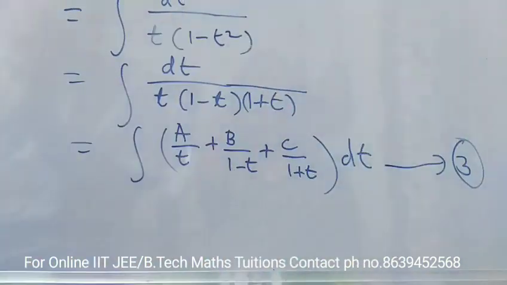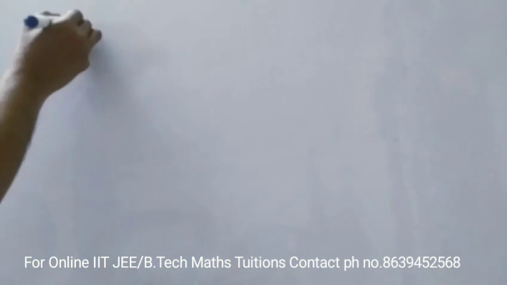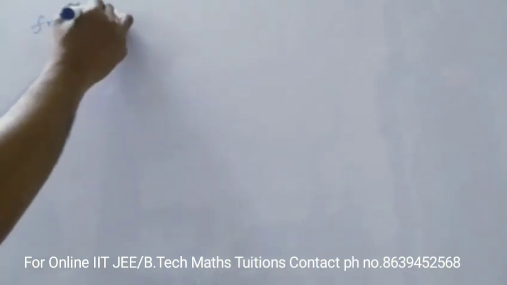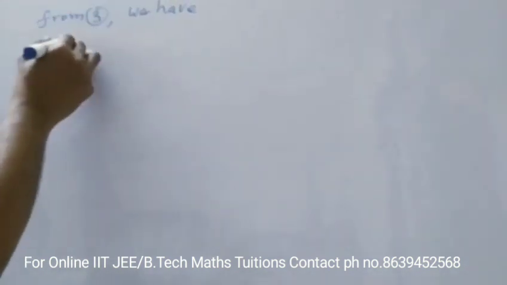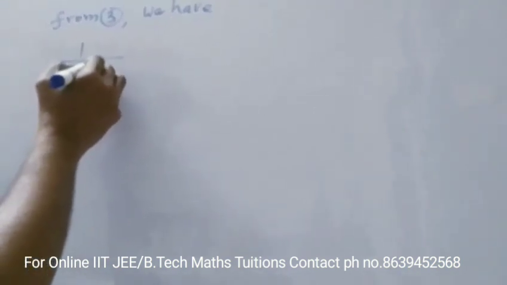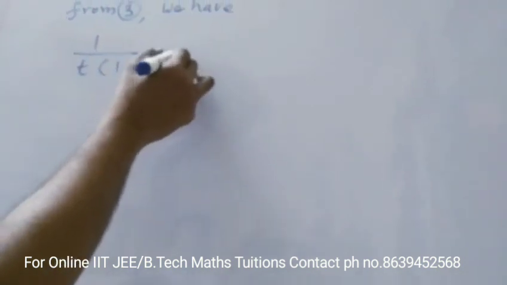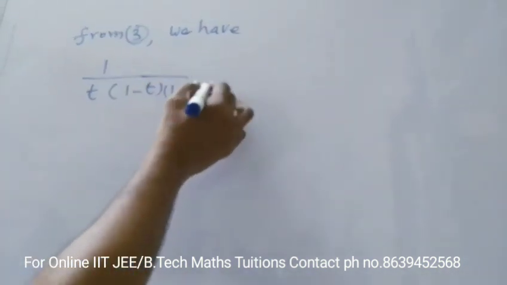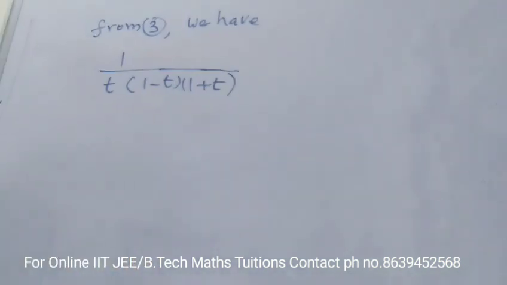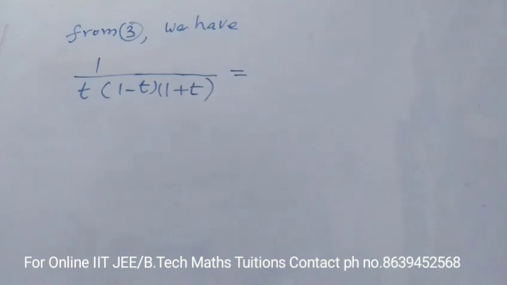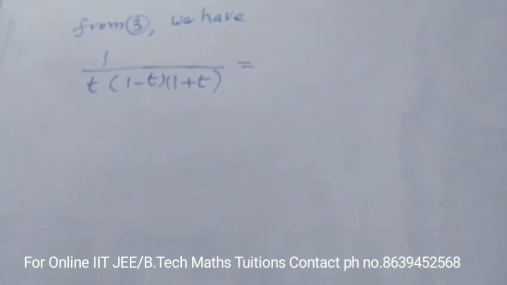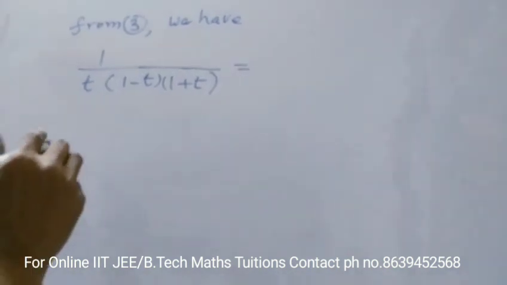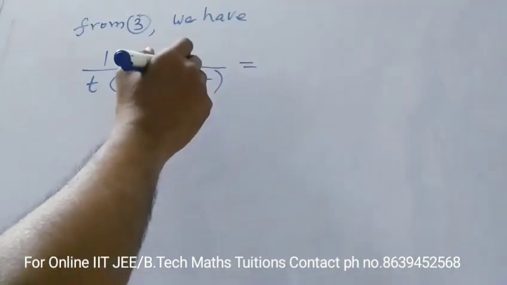It indicates the third one. From 3, we have 1 by t of 1 minus t into 1 plus t is equal to, factorizing these three terms for finding the partial fractions, constants a, b, c.